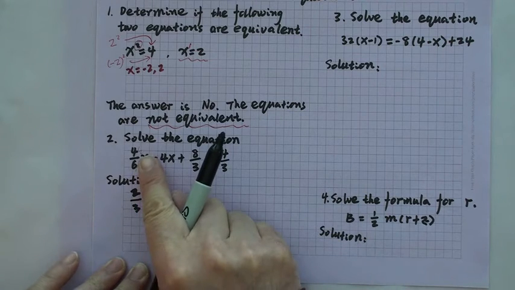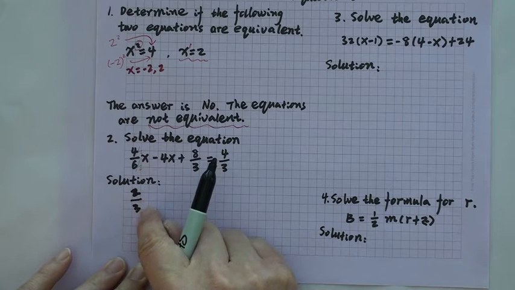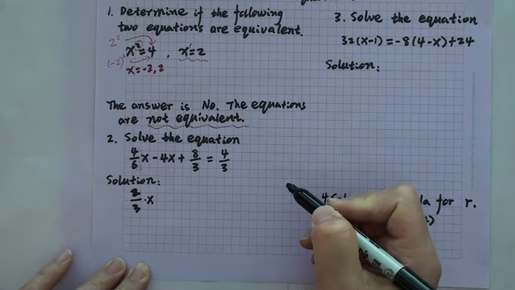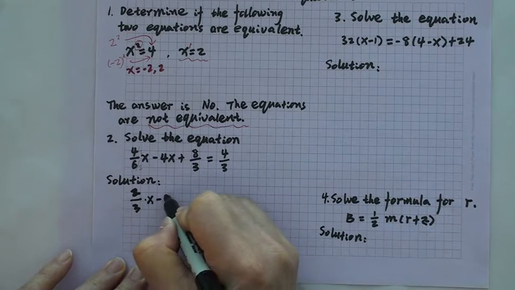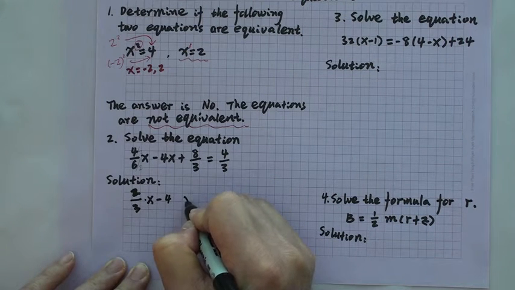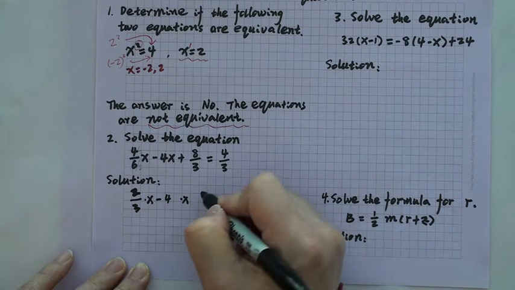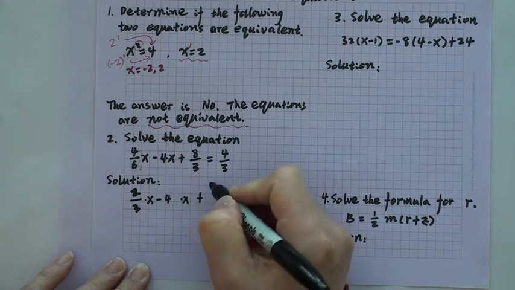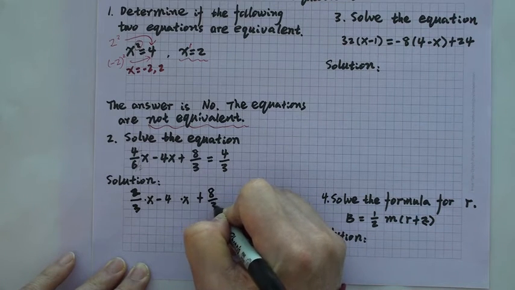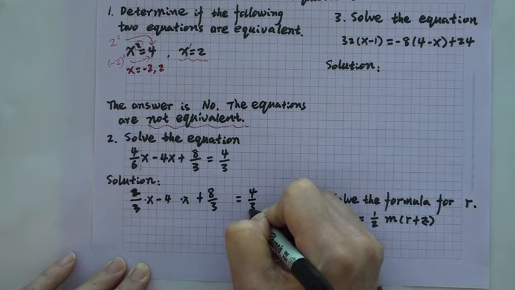Now between the constant 2/3 and x is a multiplication, and between minus 4 and x the relationship is also multiplication. And then plus 8/3 equals 4/3.